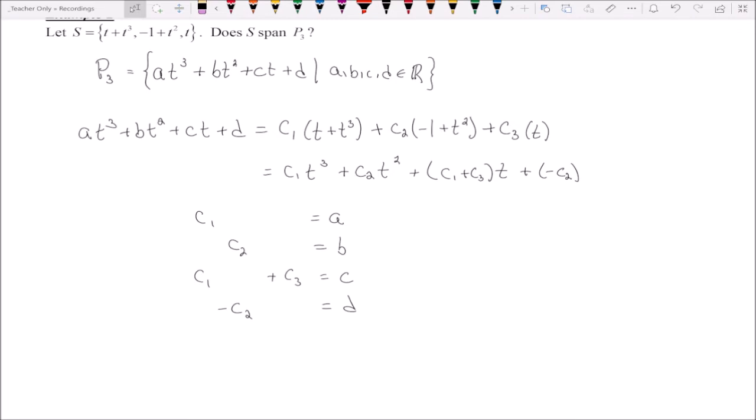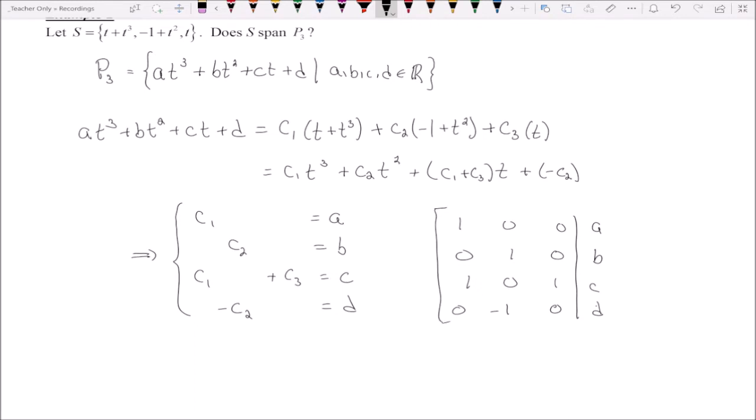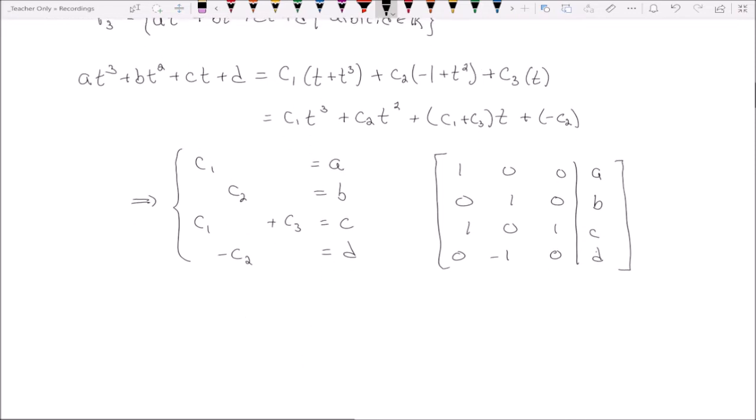Well, this can be written as this augmented matrix, and we can take a look at this.